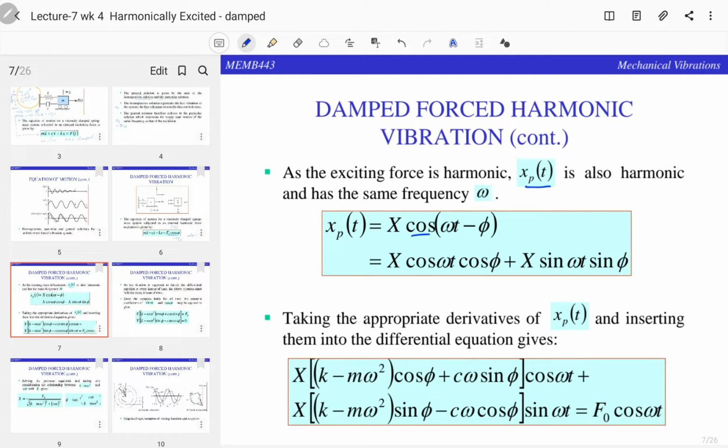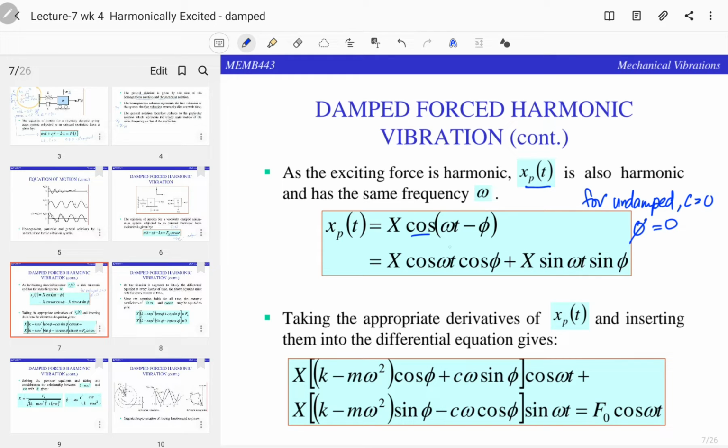Previously in lecture 6, for undamped, you have not seen this phi here. This phi is equal to 0 because your c is equal to 0. Later on, you're going to see the equation for phi.